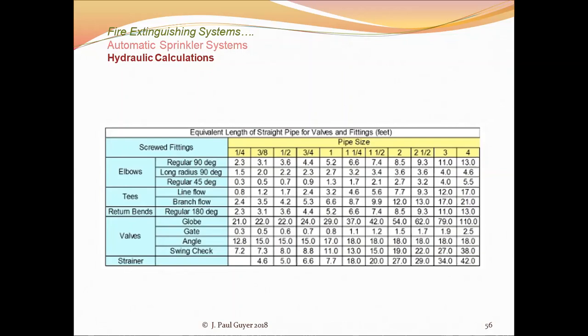And so the way you go about it, the fire sprinkler heads, you go to the catalog for fire sprinkler heads, and they'll typically say, if you supply water at, say, 20 psi to this head, it will deliver so many GPM per square foot over such and such an area.